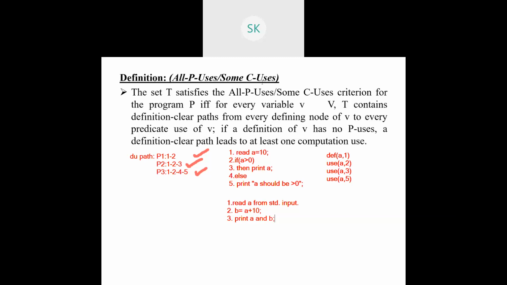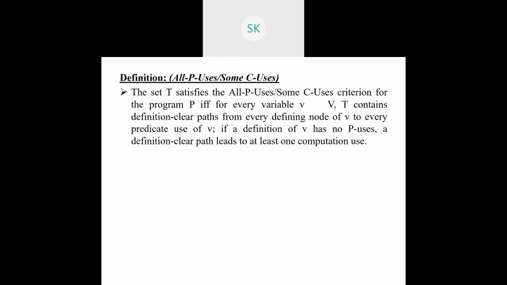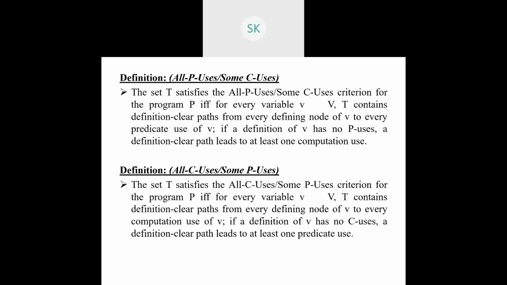Once we have all P uses with respect to some C uses, we can also go with all C uses for some P uses. That's just the reverse of whatever we have seen with all P uses and some C uses. You need to first check for all the computational uses.